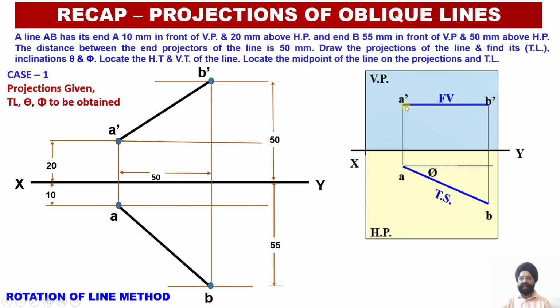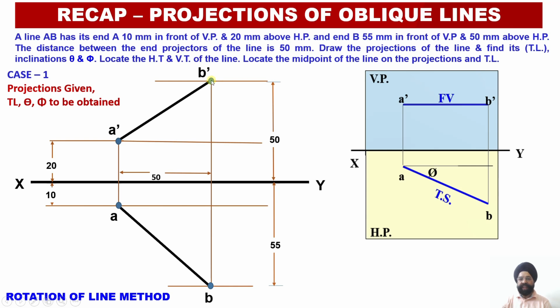So here you can see we are using this basic fundamental that we just discussed a little while ago. Whenever the apparent length of the line is parallel to the horizontal plane, its projection on the horizontal plane, that is in the top view, will provide us the true length of the line and the true inclination angle with the vertical plane.